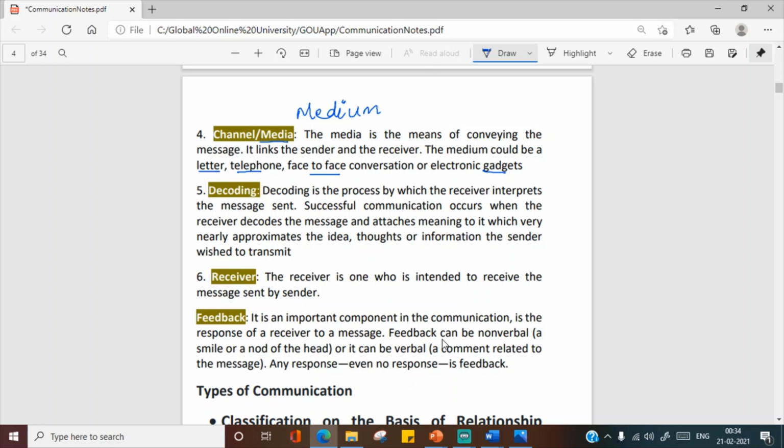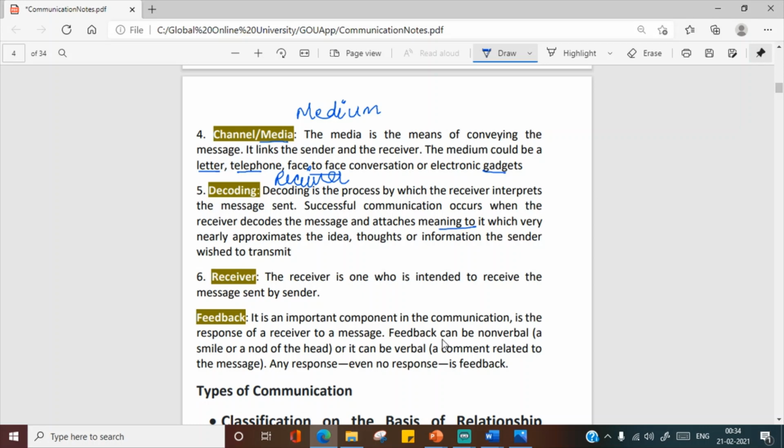The fifth is decoding. Decoding happens always at the receiver end. So decoding is the process through which the receiver interprets or takes out meaning from what the sender is saying. Successful communication occurs when the receiver decodes the message and attaches meaning to it.